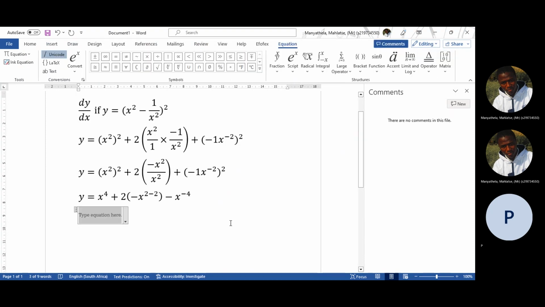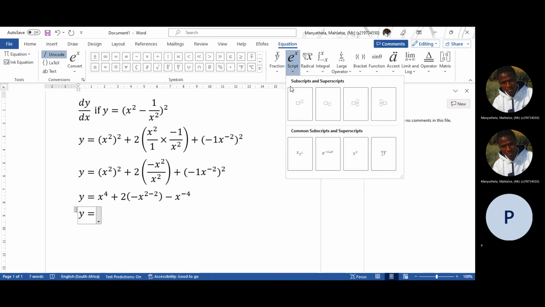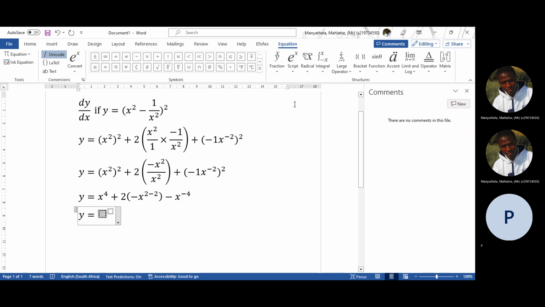If 2 minus 2 is 0, we know that every number that you raise to the exponent 0 is how much? No, it's not 0, it's always 1. Any number that you raise to the exponent 0 is always equal to 1.